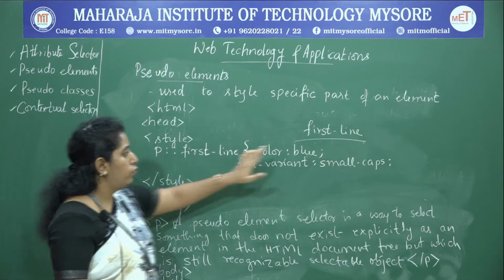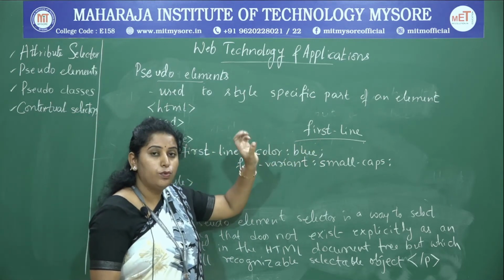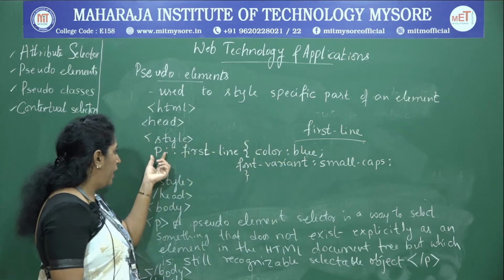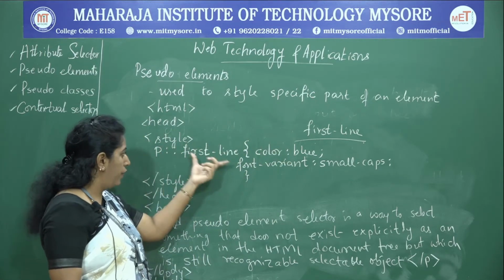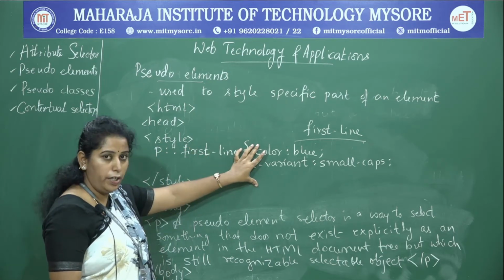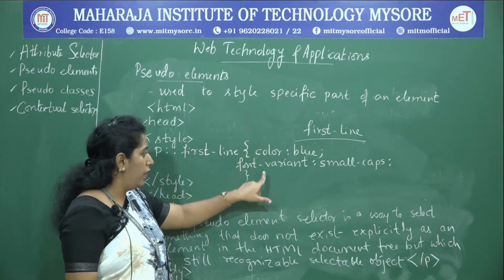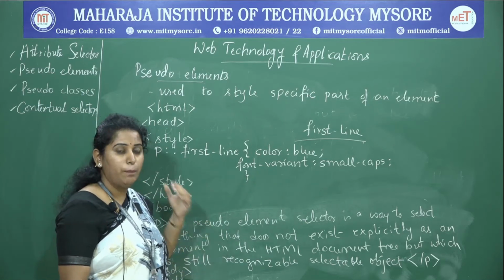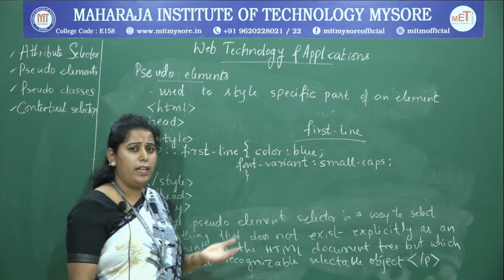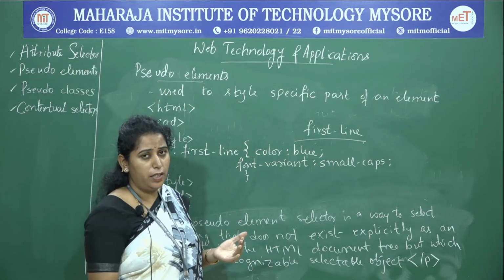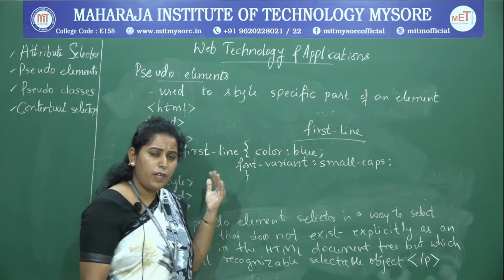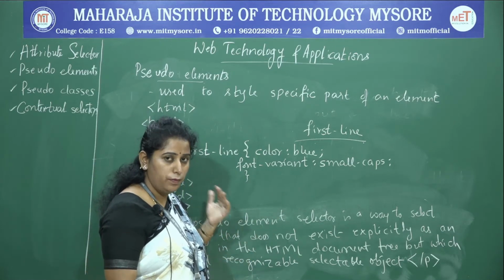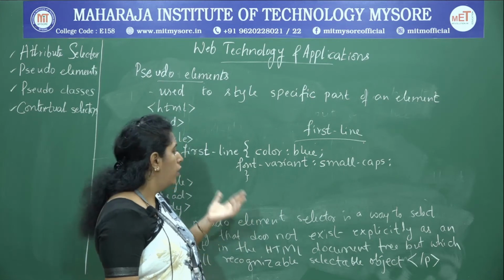Okay. So the pseudo element called first-line is used to style the first line of a paragraph. In the paragraph, the first line will be set with the following rules: color in blue, and font-variant. I have listed a few font properties, like font-size, font-color, font-variant, font-family, font-weight, and so on.